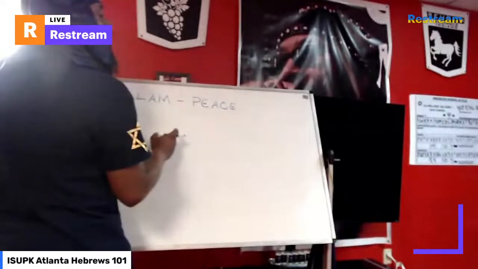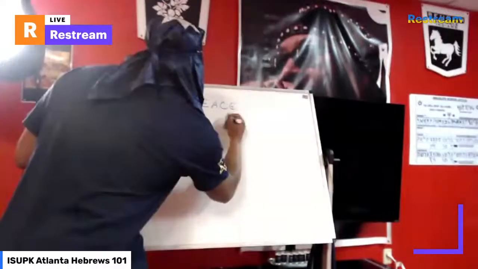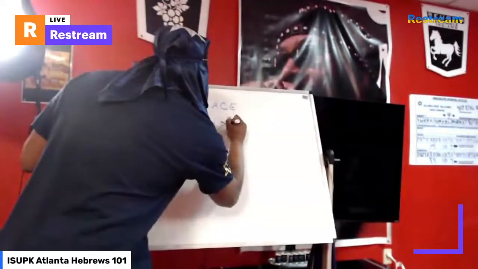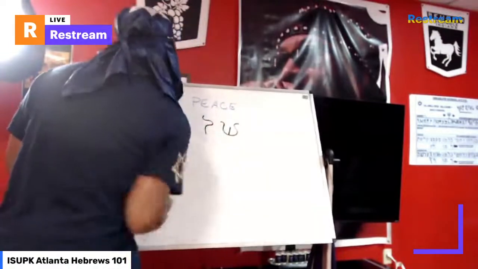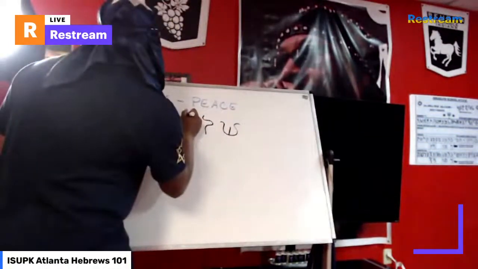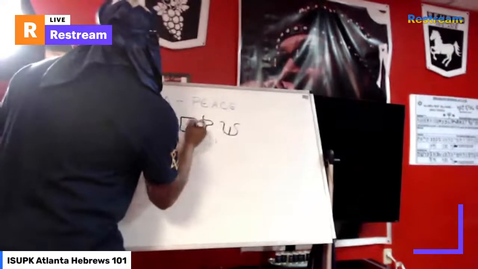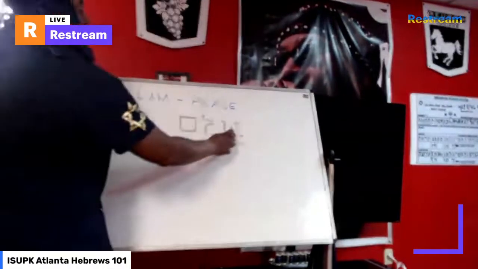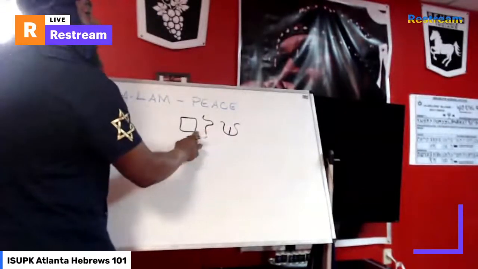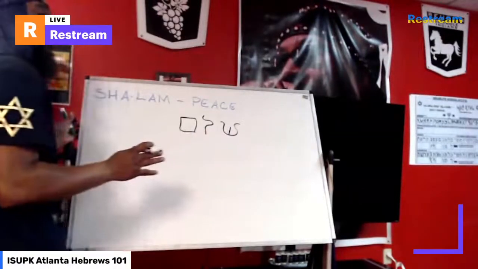So here's how it's going to be written in Hebrew. Now, that's one way to write it. Shah, La, and Ma. Those are the characters, right?